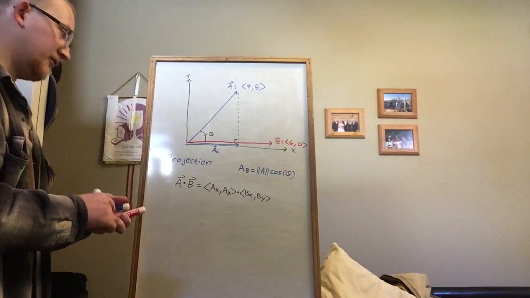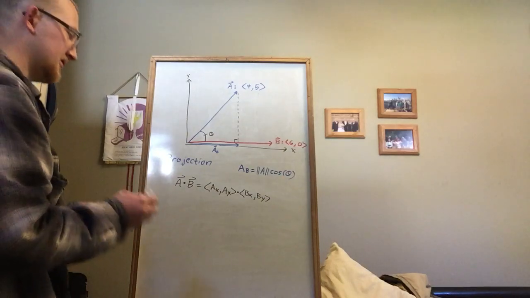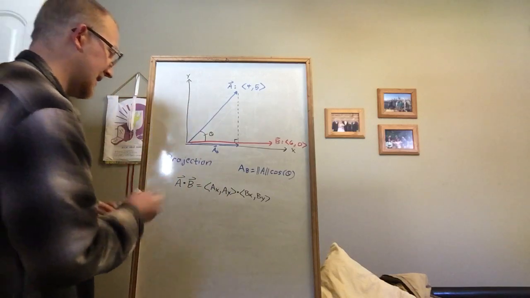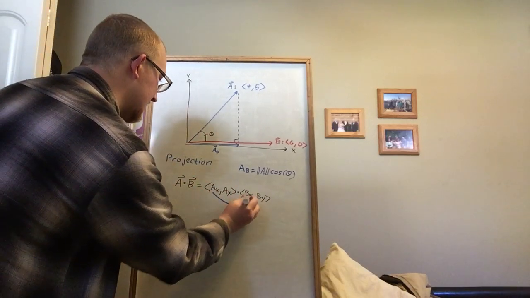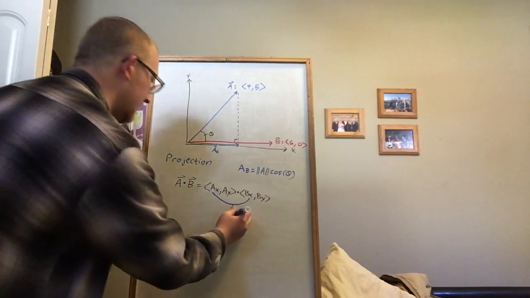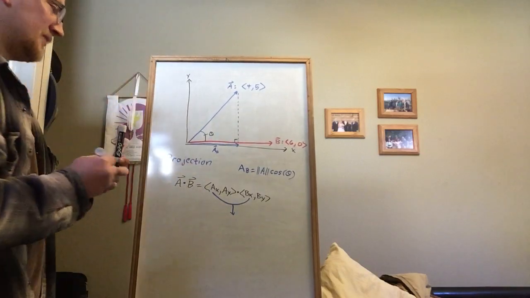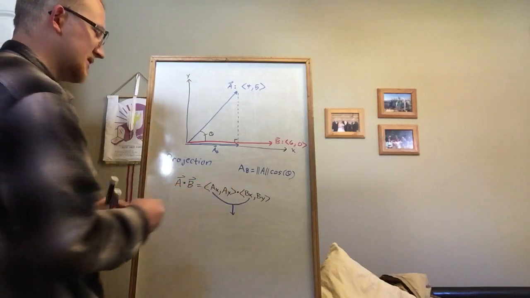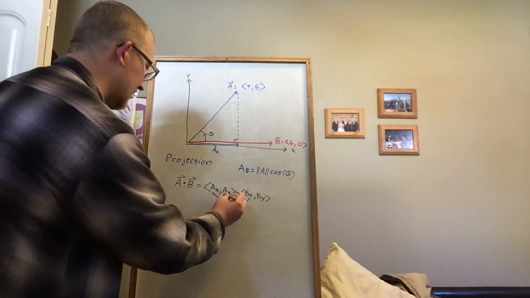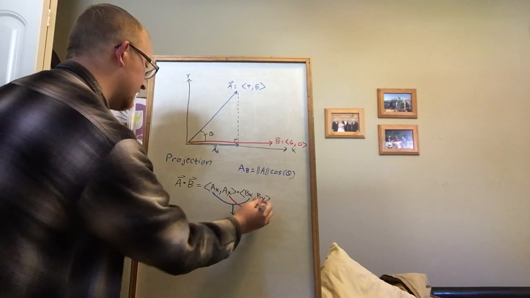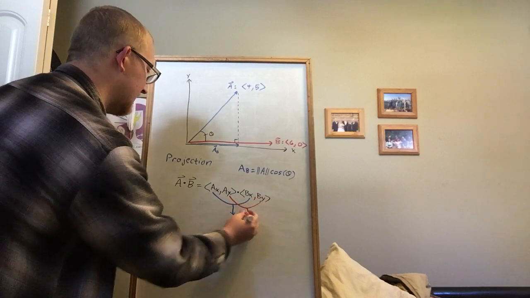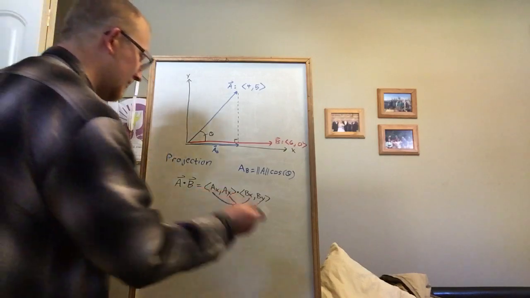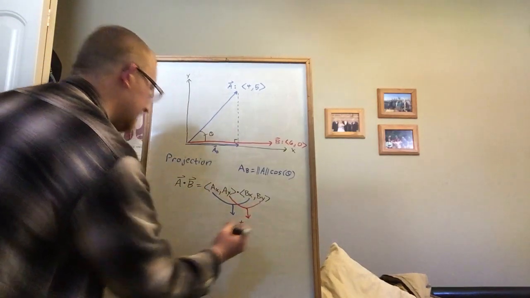And so what we will end up doing here is we're going to take AX times BX, and that's going to give us some number. So we only multiply like components. We only multiply components with the same subscript. And so likewise, we're going to multiply AY times BY. And that's going to give us some number. And these two numbers, we're going to add them together.